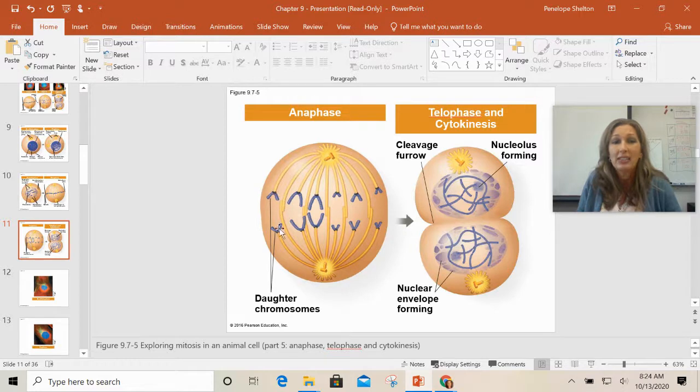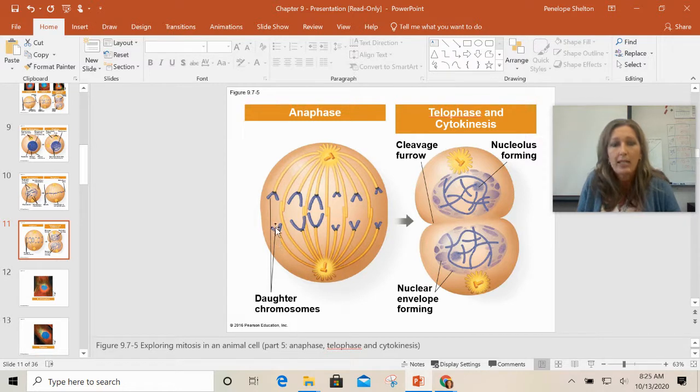Well, now sister chromatids actually separate. And each sister chromatid, because remember that one chromosome was two identical copies of itself attached. And once all of the chromosomes have been lined up, anaphase, and I think of anaphase, A for away, sister chromatids start migrating away from each other.